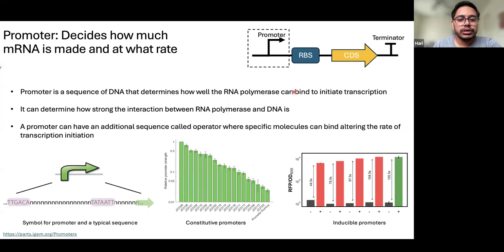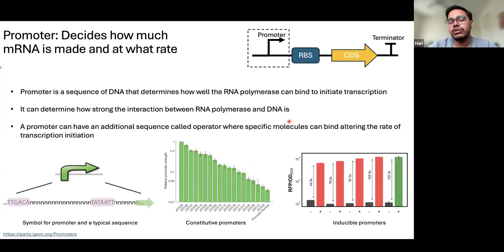A promoter is a region in the DNA where the RNA polymerase binds to initiate transcription. The sequence of the promoter decides the strength of the interaction between the DNA and the RNA polymerase enzyme. The stronger the interaction, the more probability we have that the RNA polymerase will bind to that particular DNA sequence.